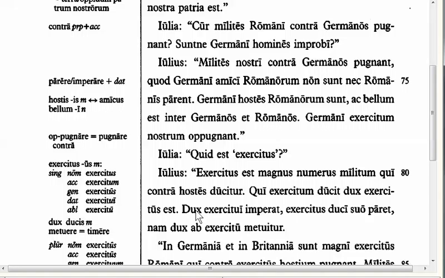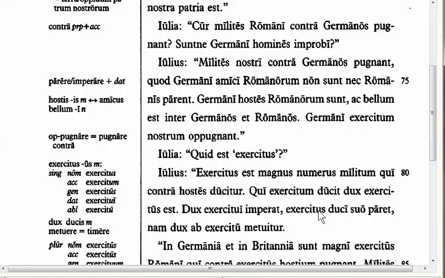So gives orders to, the leader gives orders to his army. Then it's easier to understand that you're going to have a dative case rather than commands, because if you use commands you expect an accusative, although if you do memorize that this takes the dative, you can use the word commands with it.